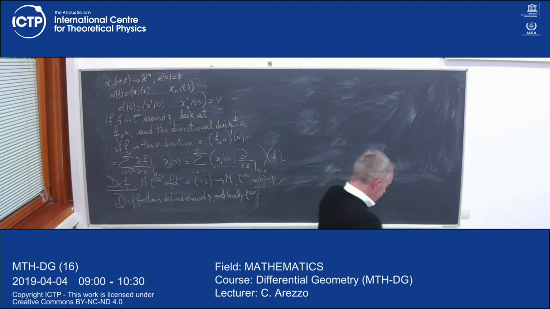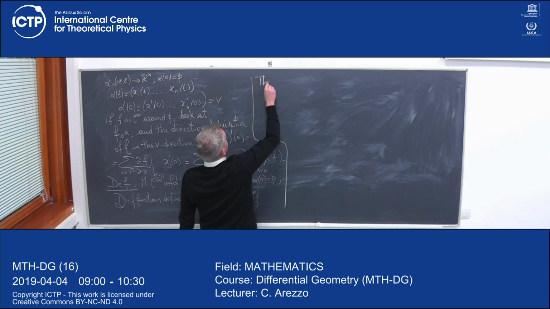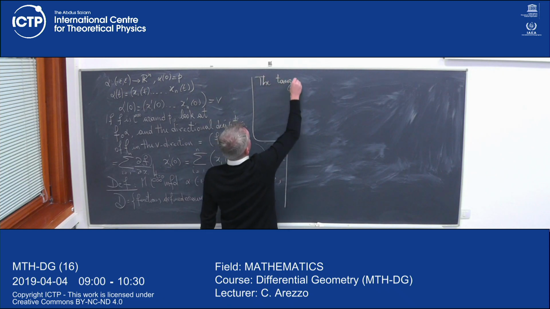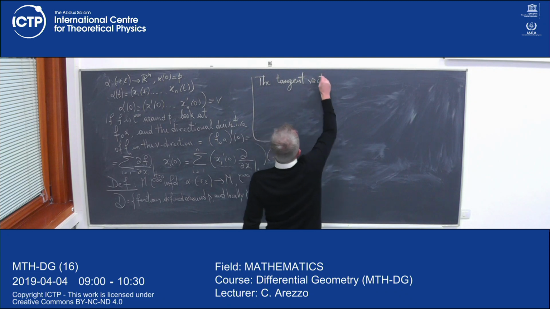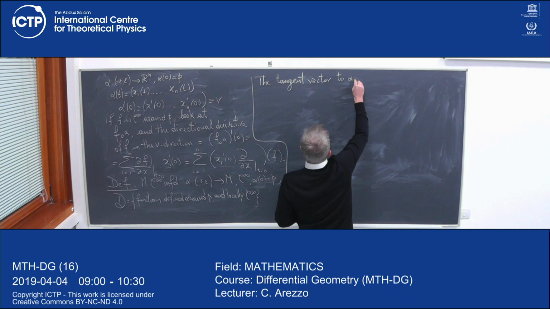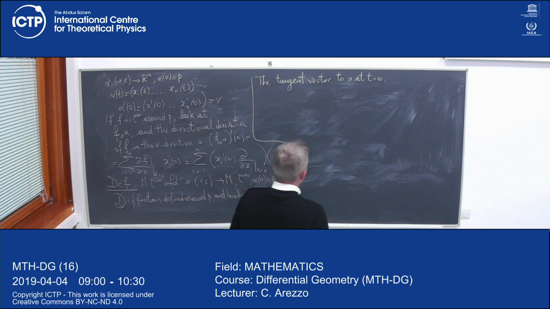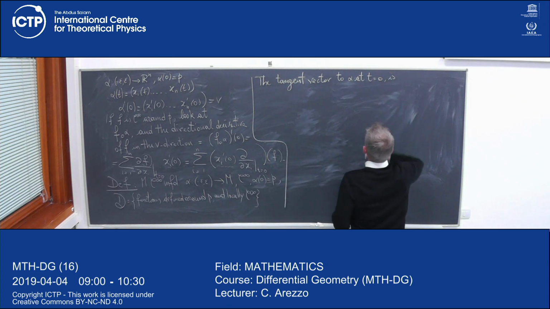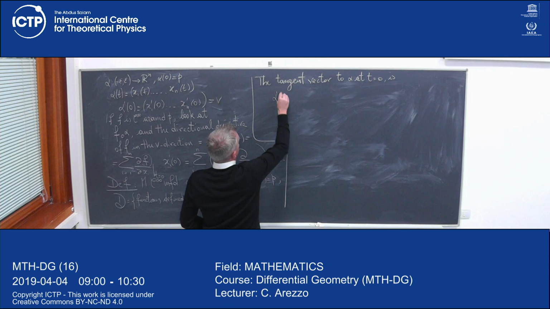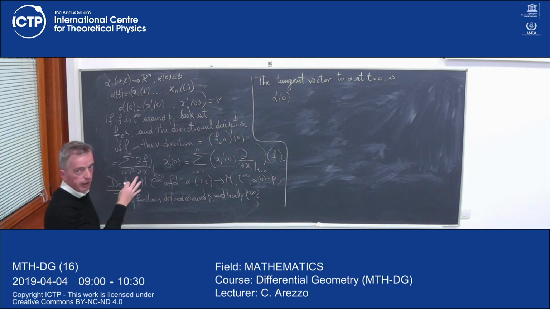Okay? So the tangent vector to alpha at t equal to 0 is, well, I still denote it as alpha prime. You see, the point is that I'm making sense of this symbol. Now this symbol has no sense. I don't know what it means. So this is the definition.